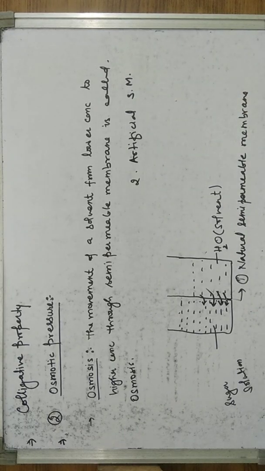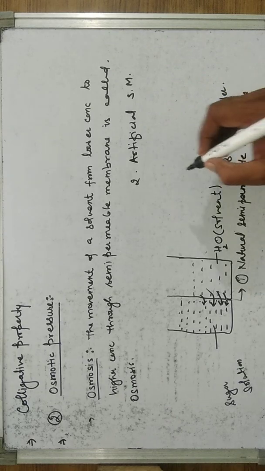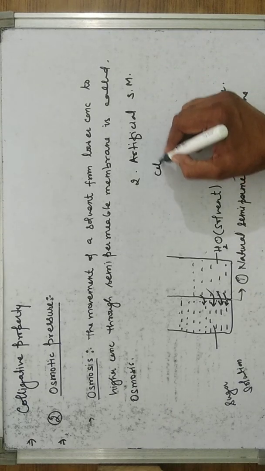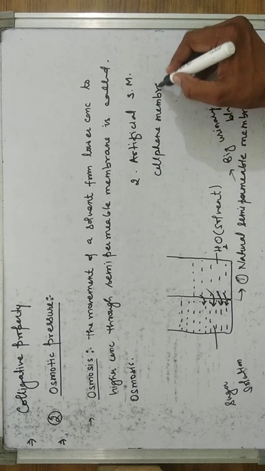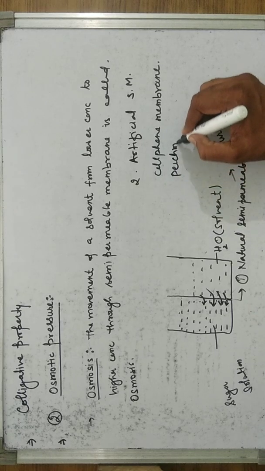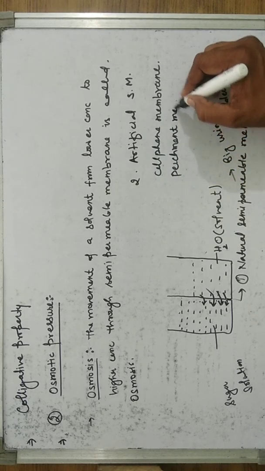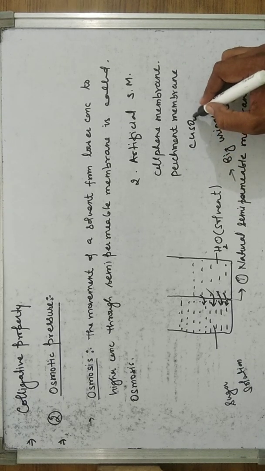Natural semi-permeable membrane is made up of the pig's urinary bladder, and artificial semi-permeable membrane is made up of the cellophane membrane, and parchment membrane, and copper sulfate crystals.